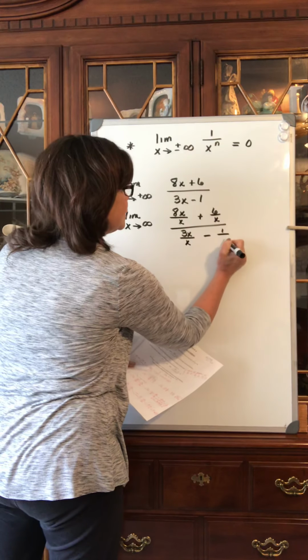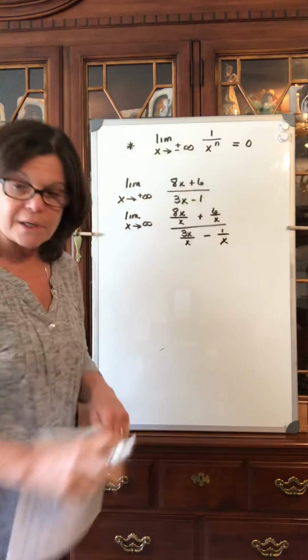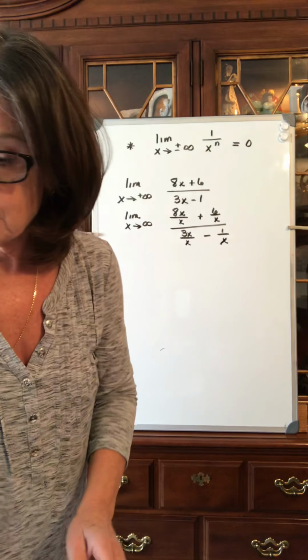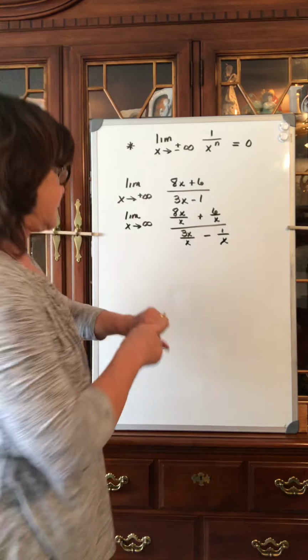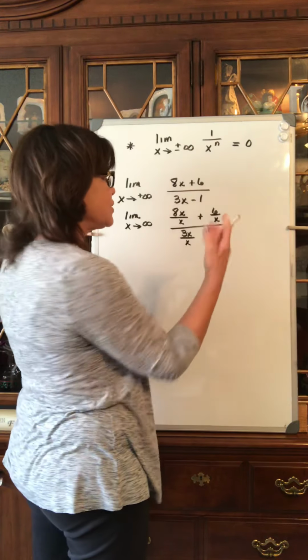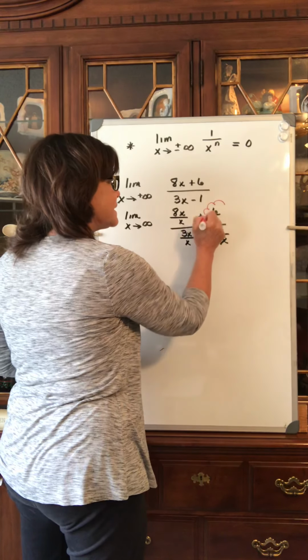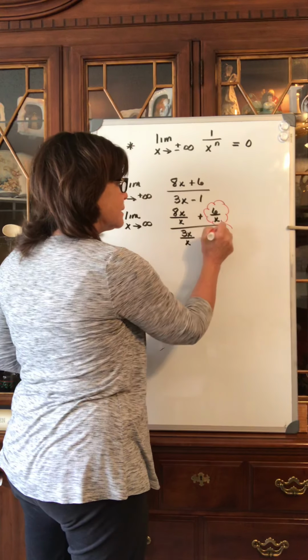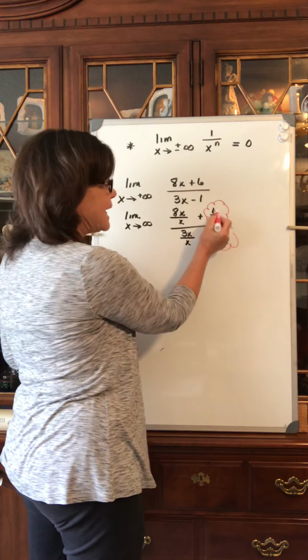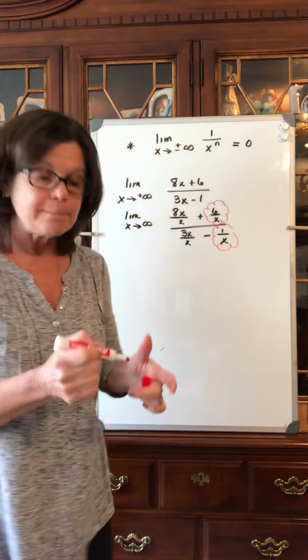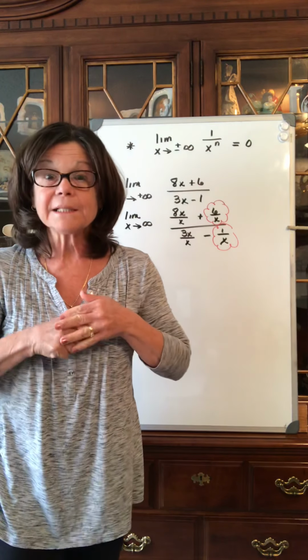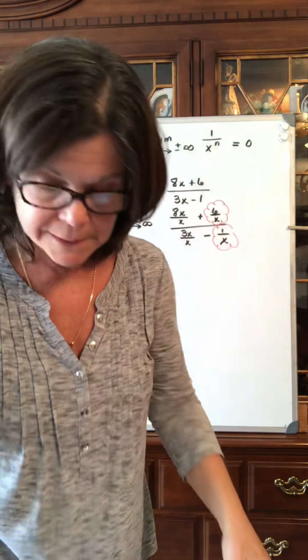Now, there's a situation in here that you want to pay careful attention to. Anytime you have a constant divided by x to some power, and you're finding a limit to infinity, that becomes a 0.